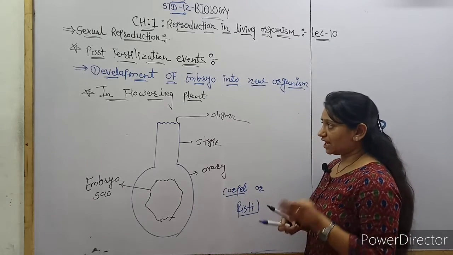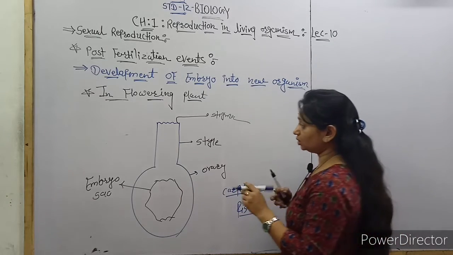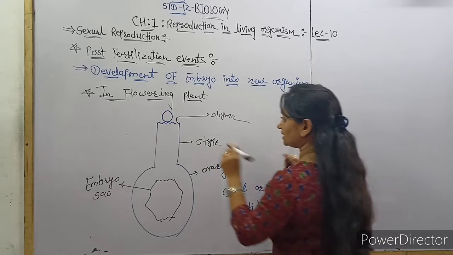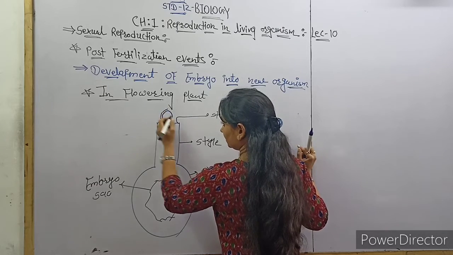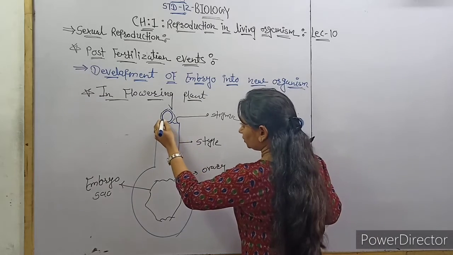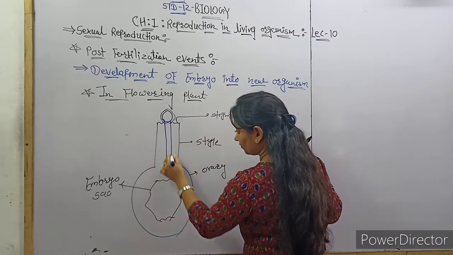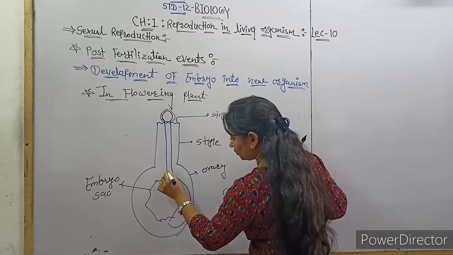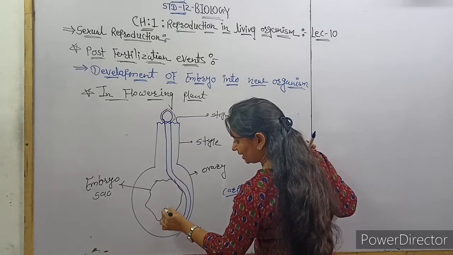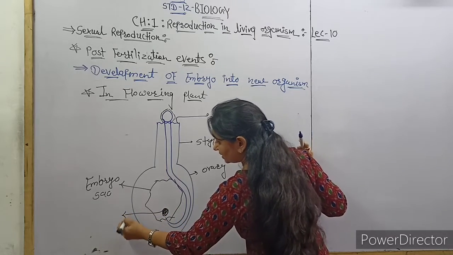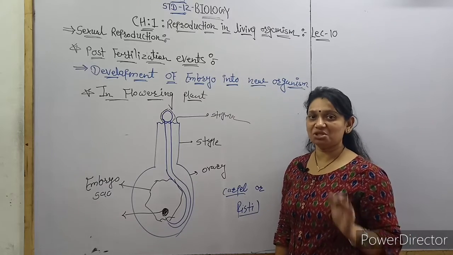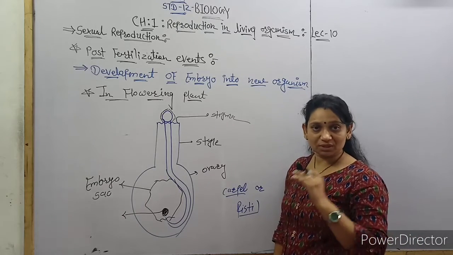Fine. So after landing of the pollen grain on this stigma, what happens? See, this is the intine layer, this is the exine layer. Fine. Okay. From this pollen grain, a pollen tube develops like this and it enters the embryo sac over here. Fine. And over here the egg cell is already there. Beta, as this embryo sac is in the 7 celled and 8 nucleate condition, but there is no need to draw that here.